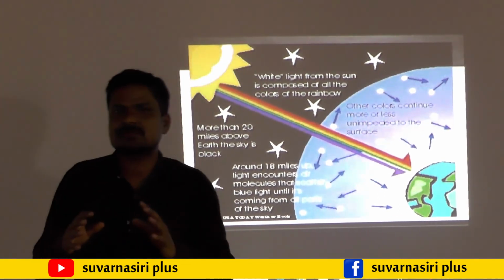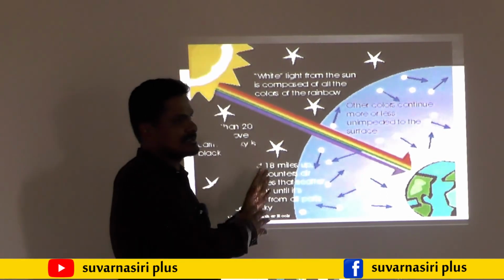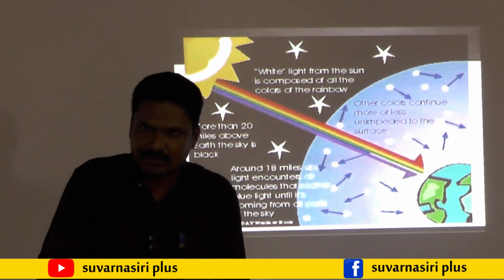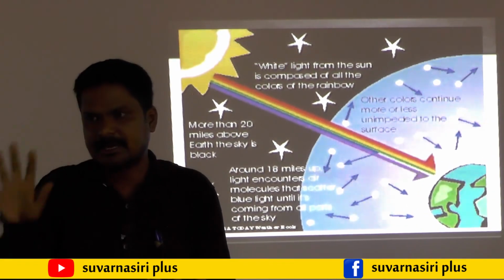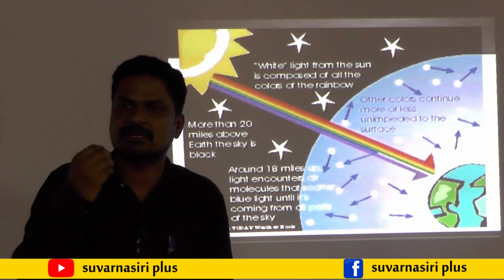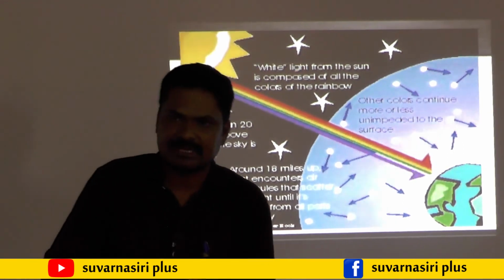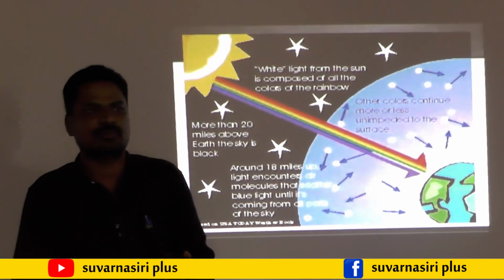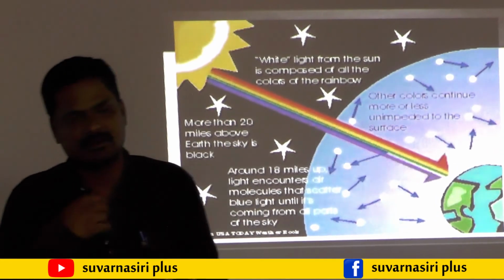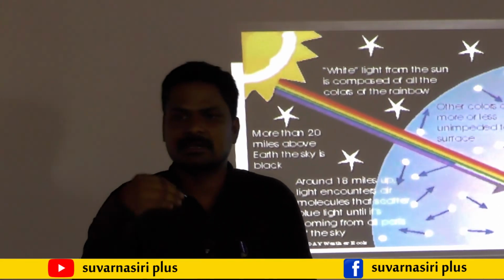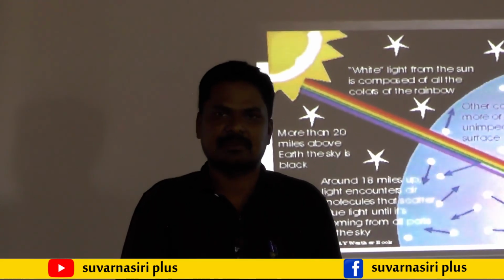So dear students, through this chapter we have to learn about the human eye, the parts of the human eye and the functions of the human eye. Next we study the defects of the human eye, like myopia and hypermetropia, the causes of myopia, then hypermetropia, and the correction of myopia and hypermetropia.